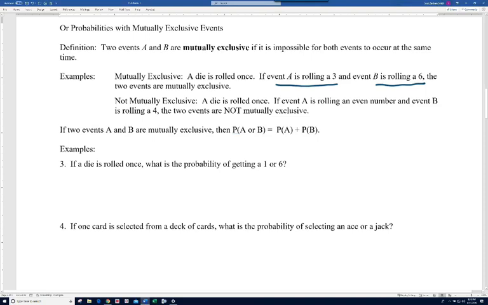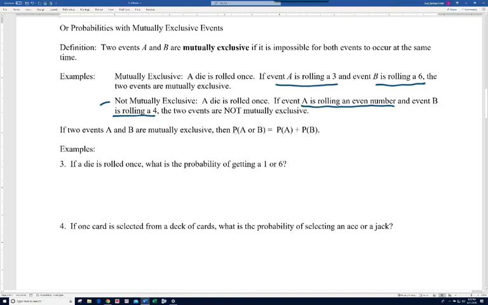A die is rolled once. If event A is rolling an even number, and event B is rolling a 4, the two events are not mutually exclusive. So is it possible to roll an even number and also roll a 4? Yeah, you could roll the 4 and then you get both. And so these are considered to be not mutually exclusive.